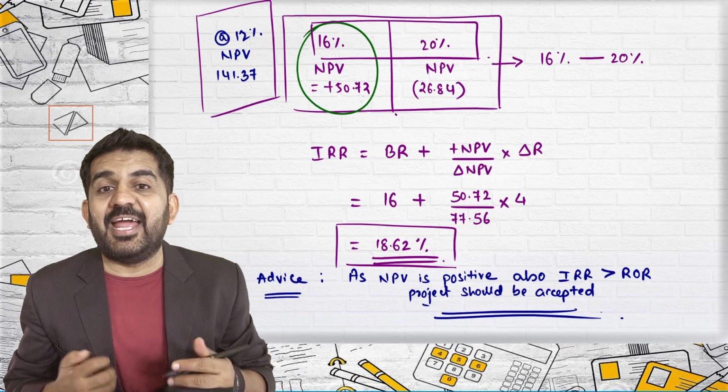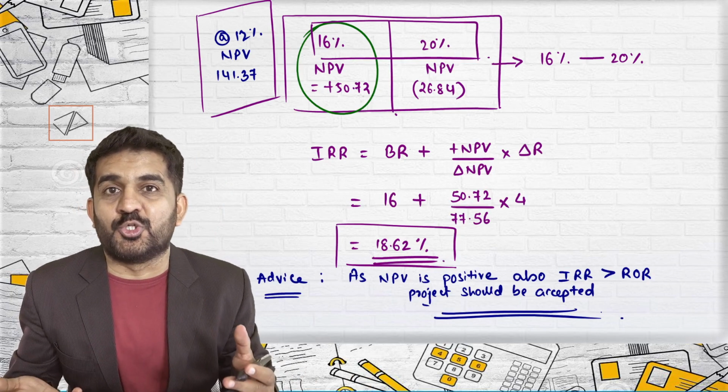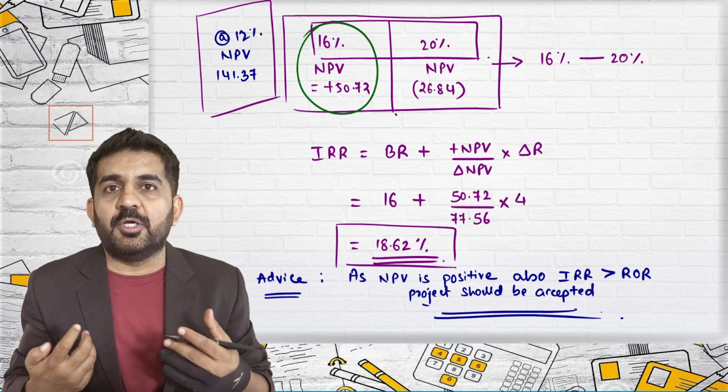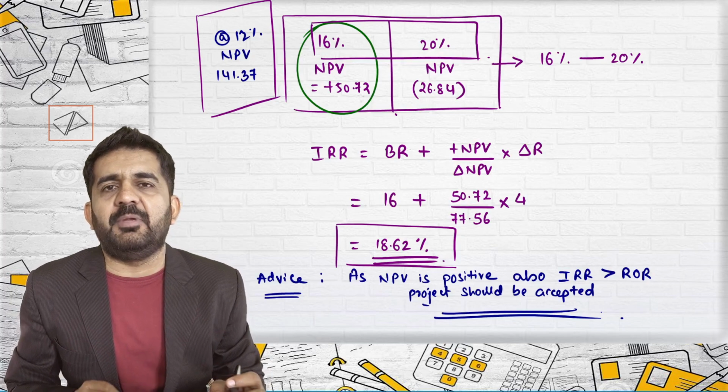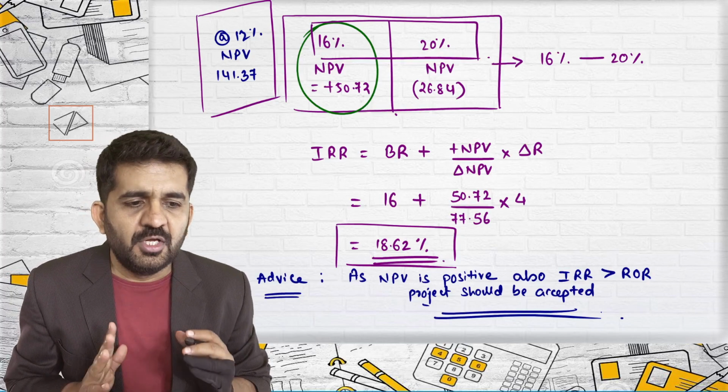So see, in my advice, my logic is also shown. I am also telling the paper checker that I know the meaning of NPV and the meaning of IRR.